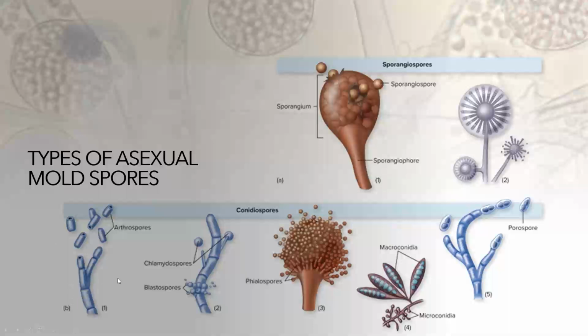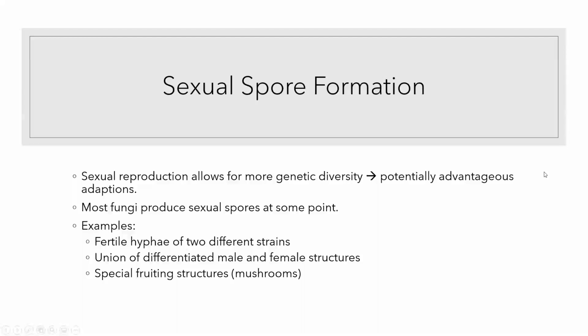Whereas conidiospores have multiple different varieties here where we're pinching off spores off the end, and they're free. No matter their structure, if it's more branched or if we have a more flower-like shape, they're all free, as opposed to the sporangiospores in a sac.